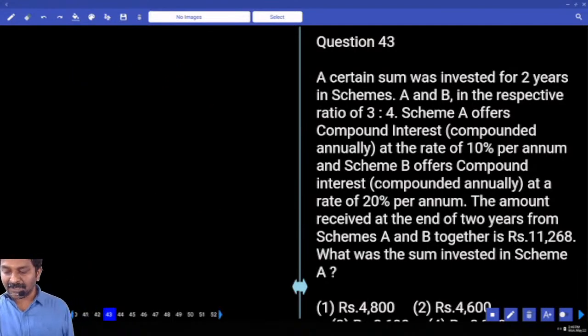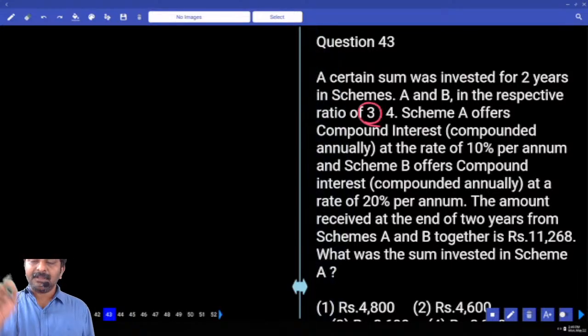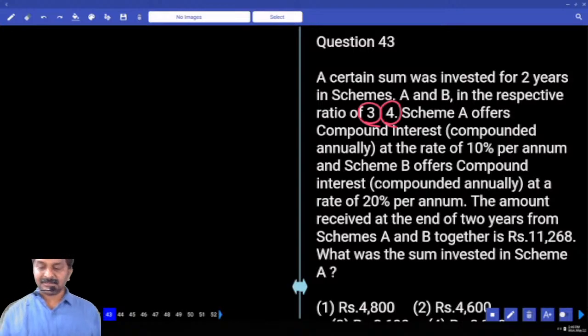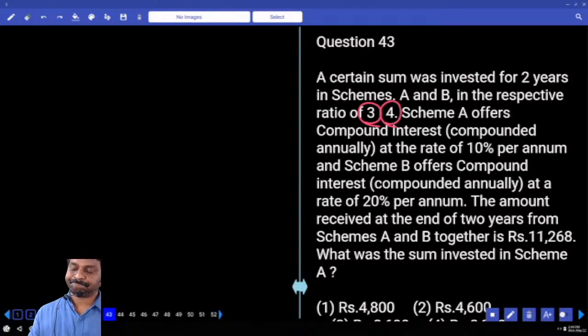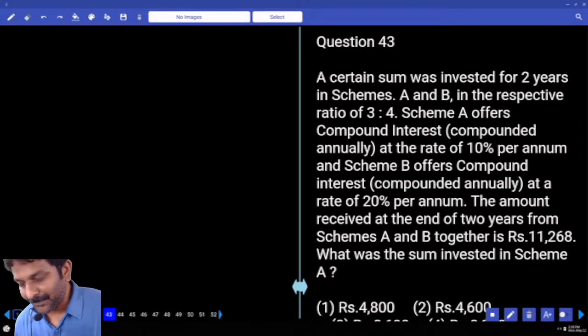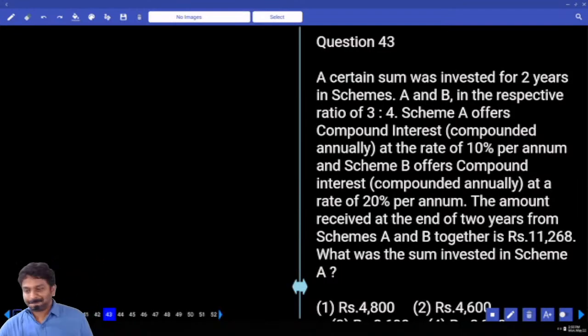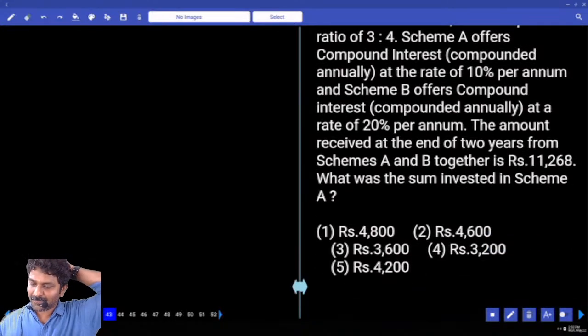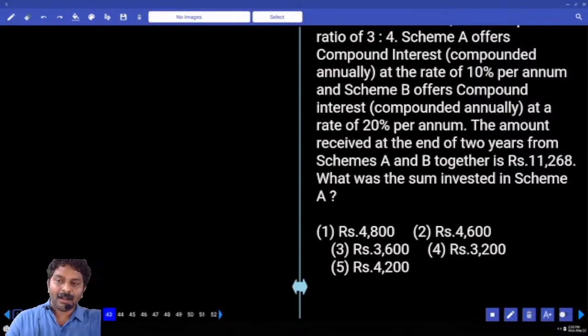Correct? It is 3 parts, and it is 4 parts. Okay. Amount invested in scheme A. How much is the amount invested in scheme A?